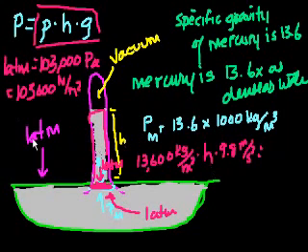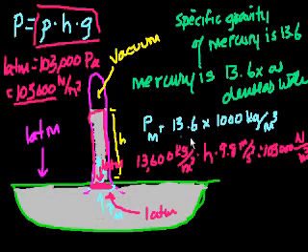So 1 atmosphere is how much we're pushing down out here, so it's how much we're pushing up here, and that's going to be equal to the amount of pressure at this point from this column of mercury. And 1 atmosphere is exactly this much, 103,000 newtons per meter squared.